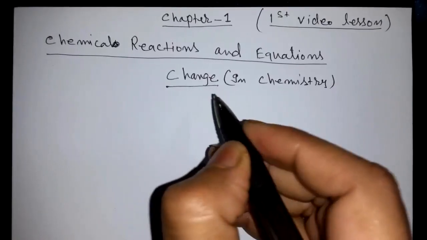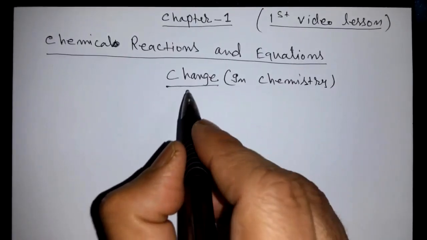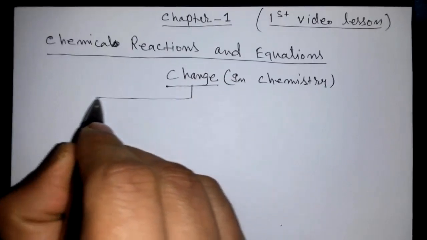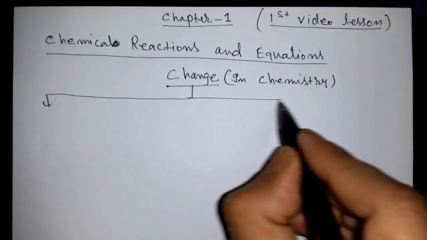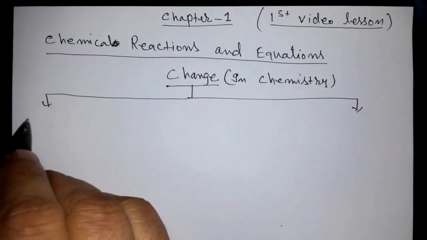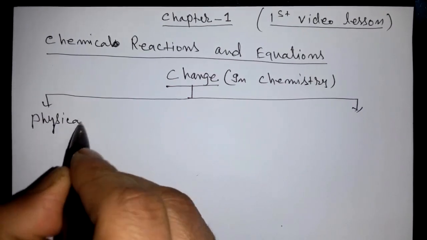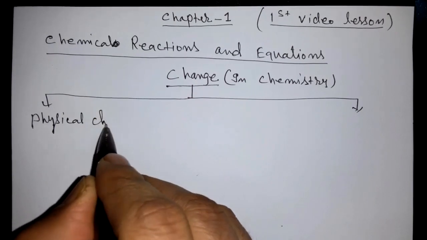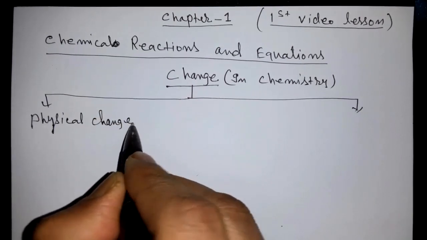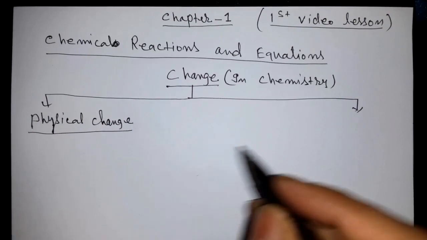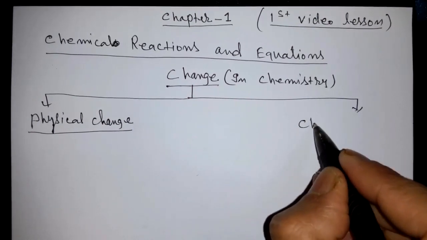In chemistry, we can classify change into two types: physical change and chemical change.